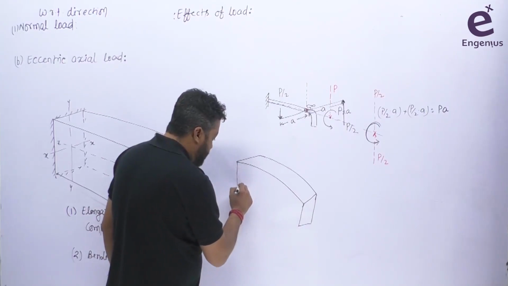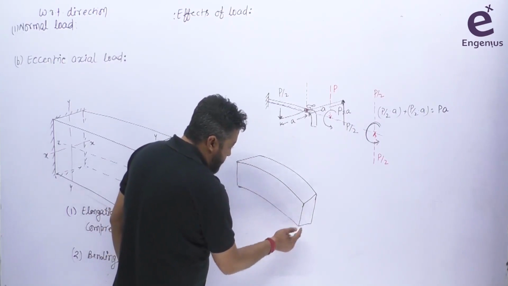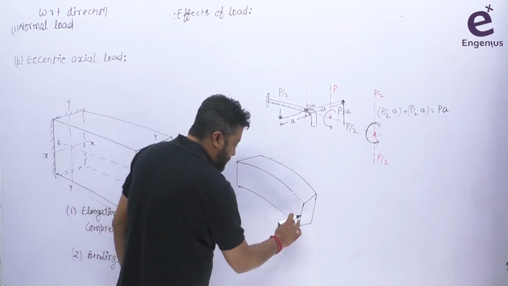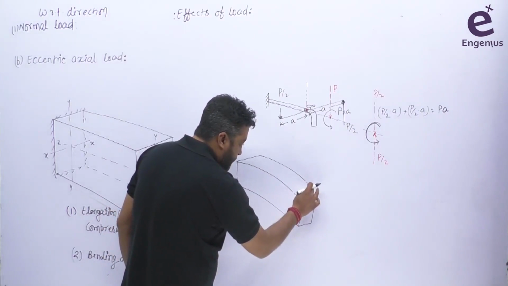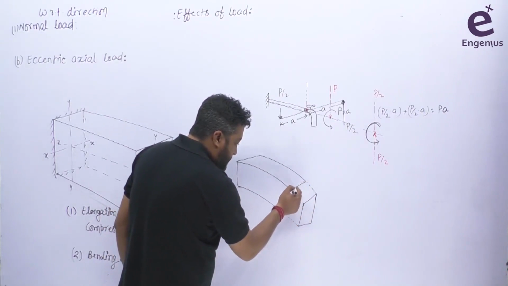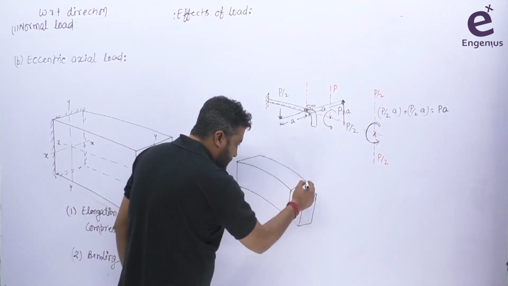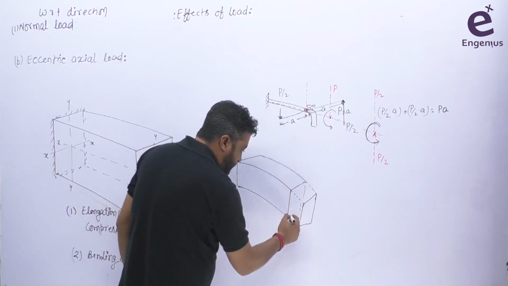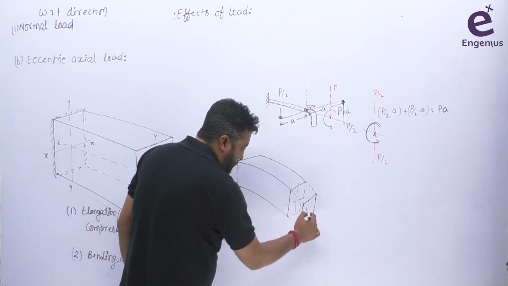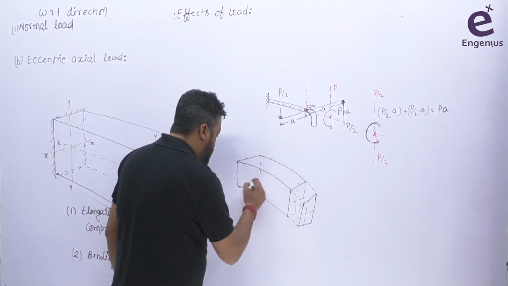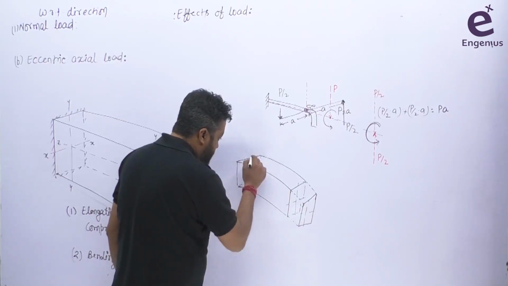So in this case, I am saying that this was the initial length of the member. Okay, and this is our axis system here.